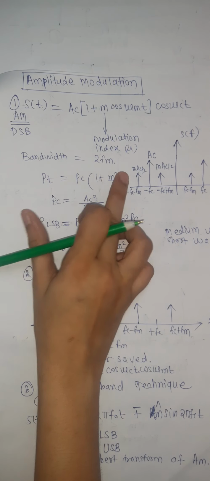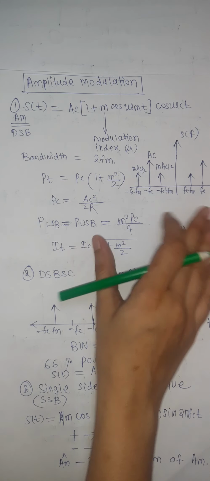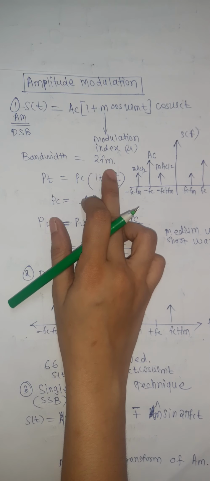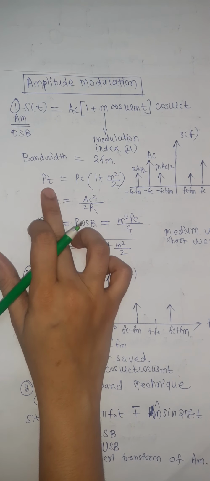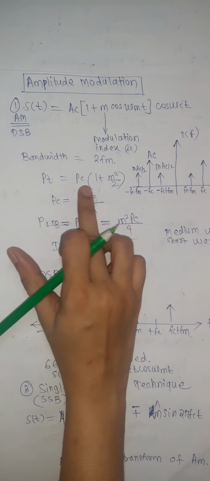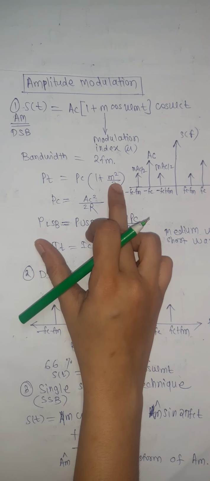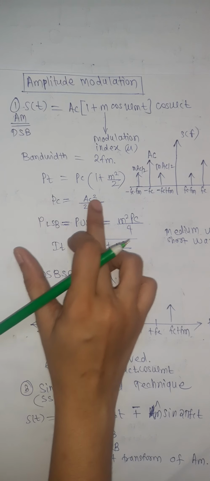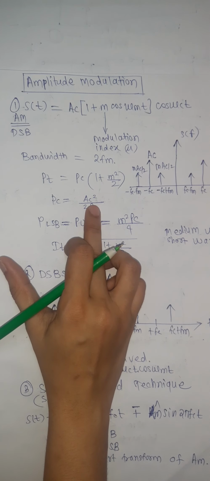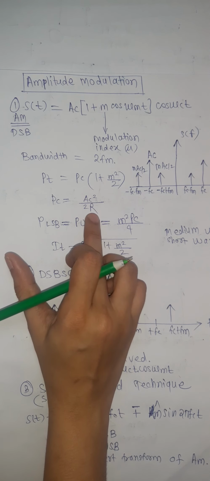Bandwidth of the AM signal is 2 fm. PT, that is total power, is equal to PC, where PC is carrier power, into bracket 1 plus m square by 2, where m is the modulation index. PC is equal to Ac square by 2R, where Ac is the amplitude of the carrier signal and R is the resistor.